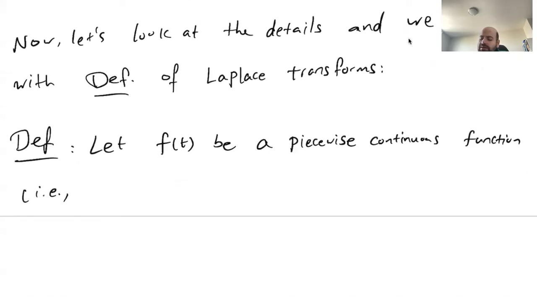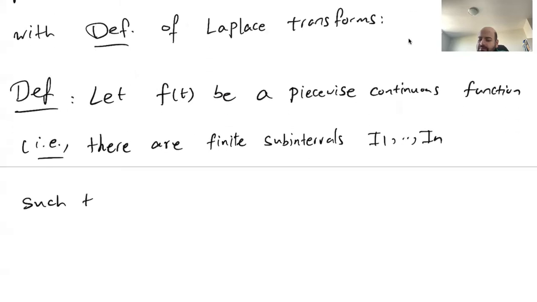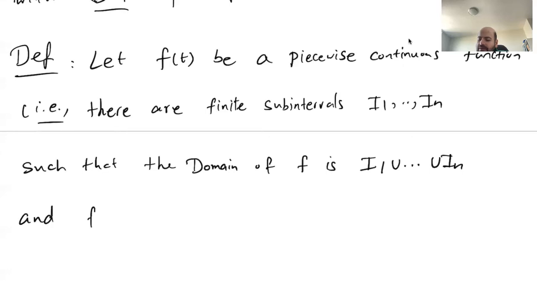So the meaning of piecewise continuous is there are finite subintervals, I1 to In, such that the domain of f is the union of these intervals, and f is continuous on I1 and I2 all the way to In.